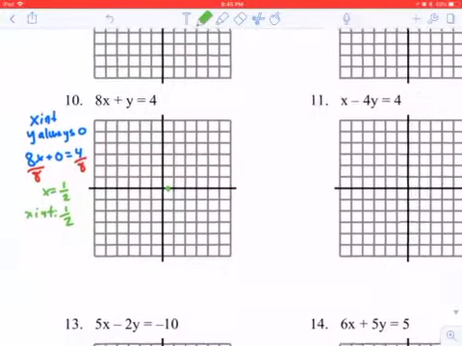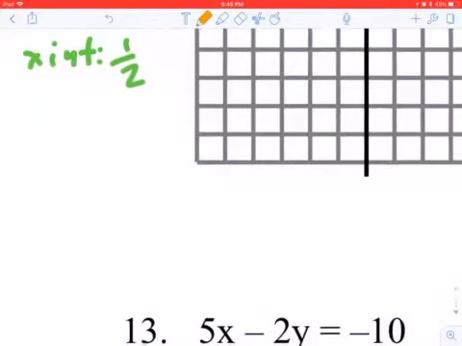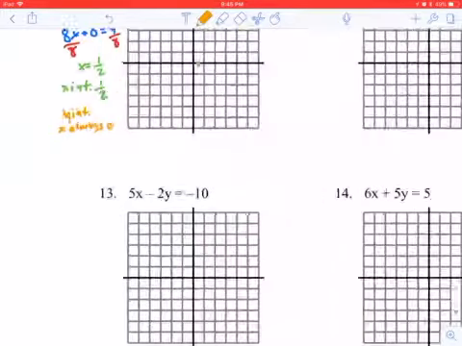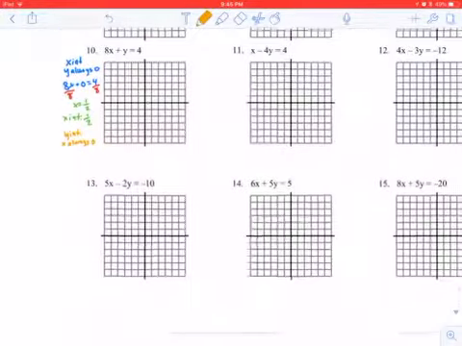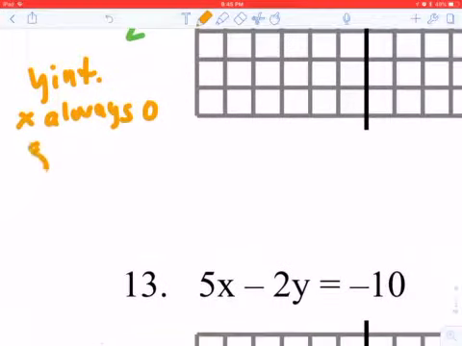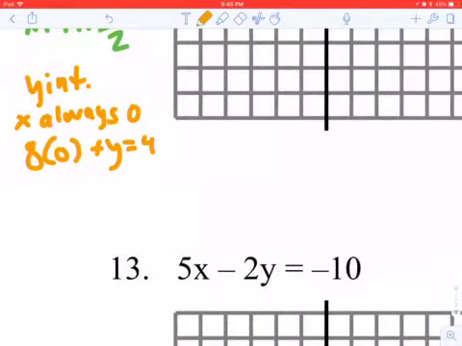Now I have to do my y-intercept. Remember, for the y-intercept, x is always 0. So I'm going to plug 0 in for my x. I have 8 times 0 plus y is equal to positive 4. 8 times 0 is just 0, so that goes away, and you see I get y is equal to 4.